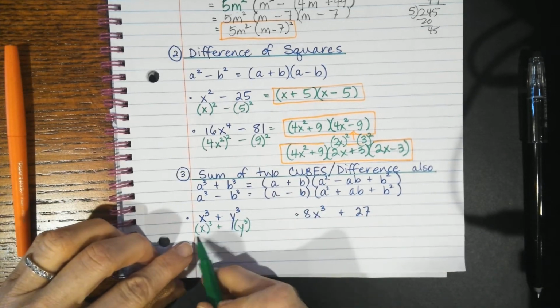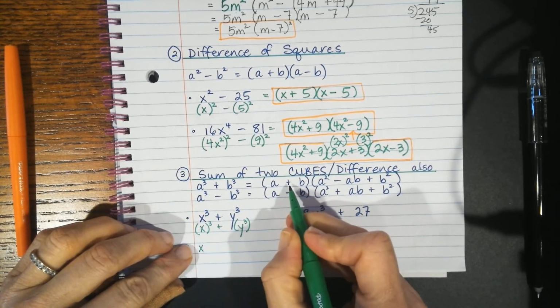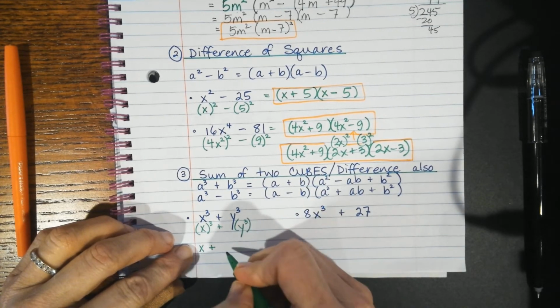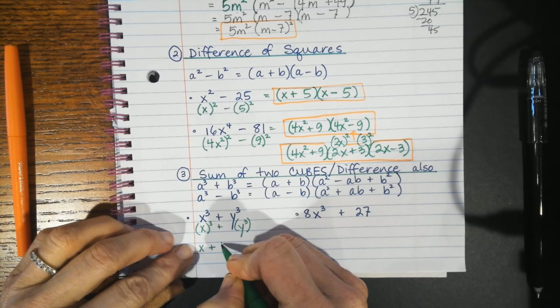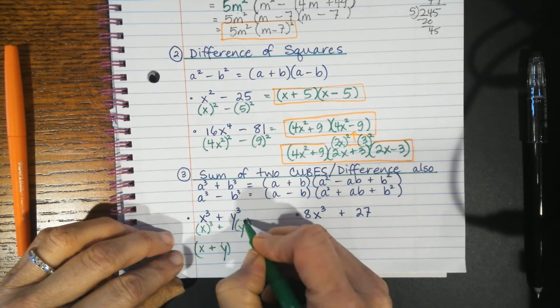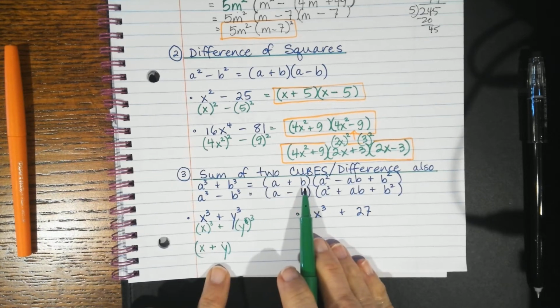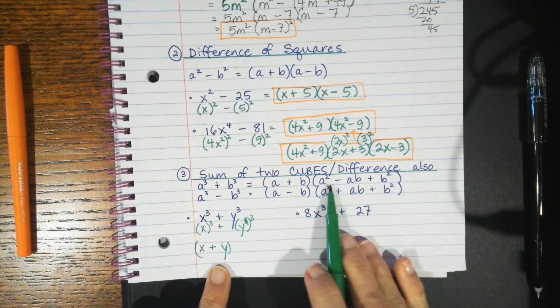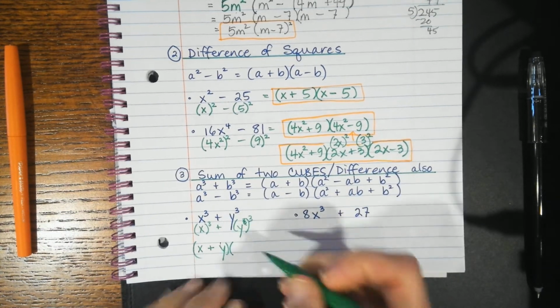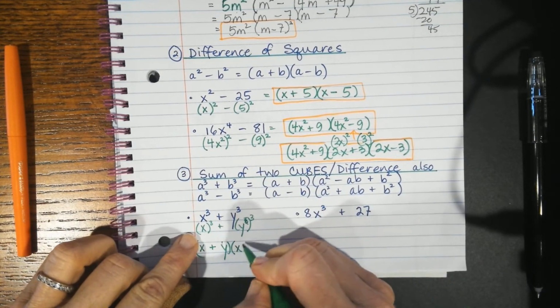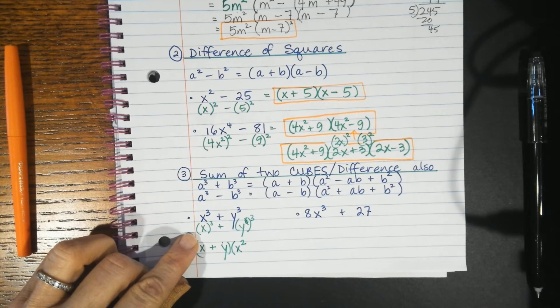So here, a is x, and it's plus b is y. That should be on the outside. So that's where your x plus y comes from. Now, the second part of the pattern is this. It's going to be your a term squared. So I have x squared.